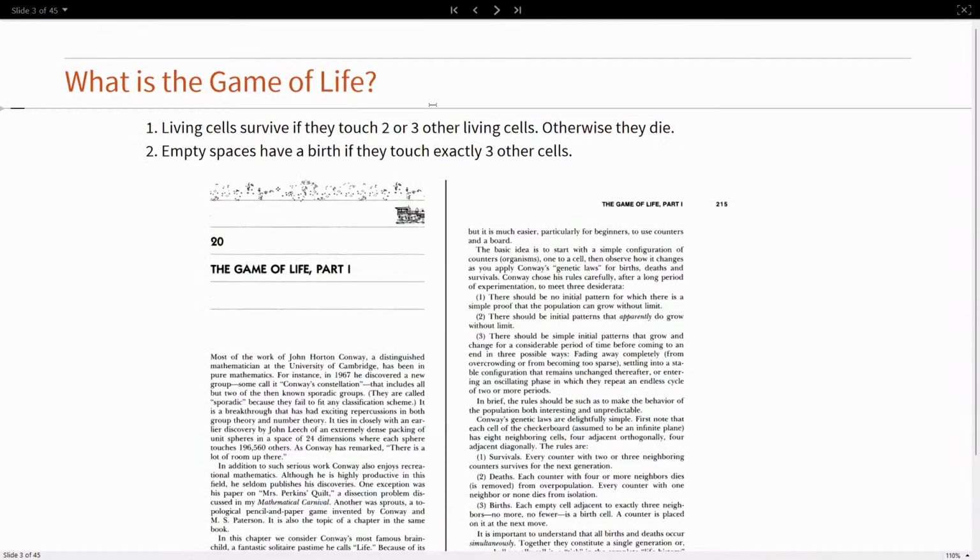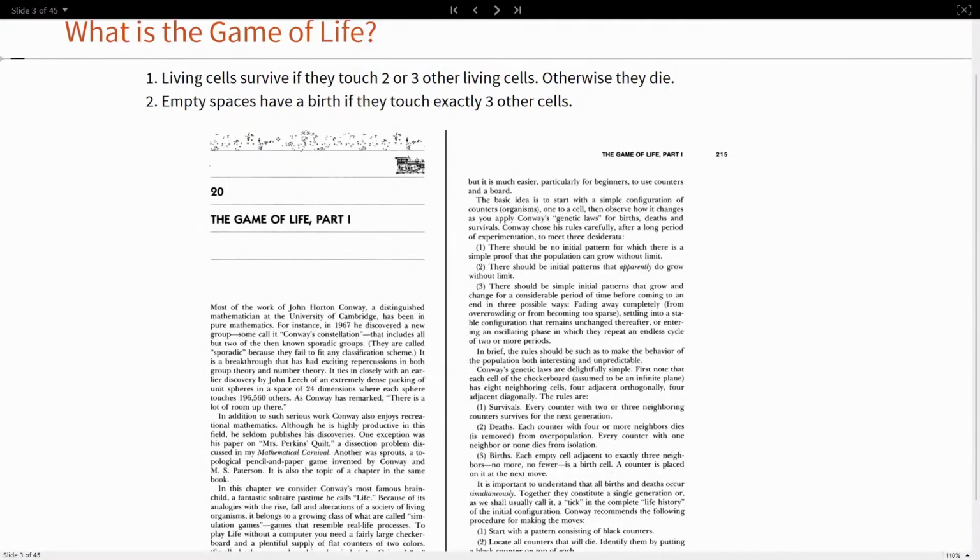So, what is the Game of Life? Here's one of Martin Gardner's first columns about it. And the rules are simple. You have a square grid of living and dead cells, or living cells and empty cells. The living cells survive if they touch two or three other living cells.